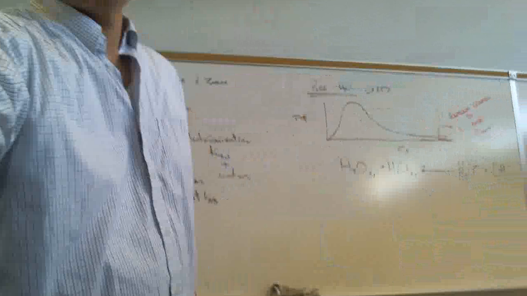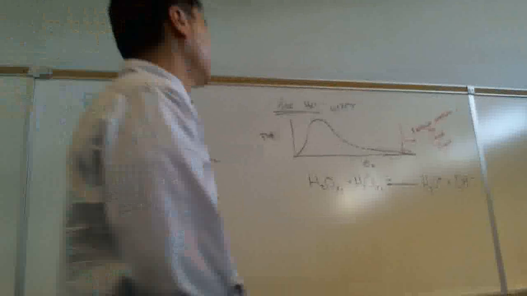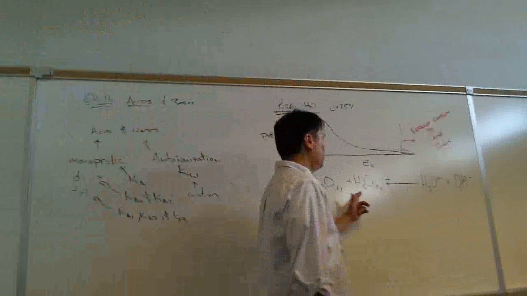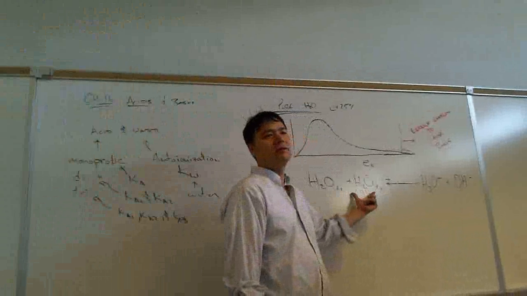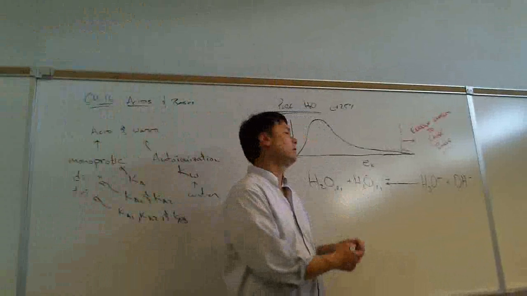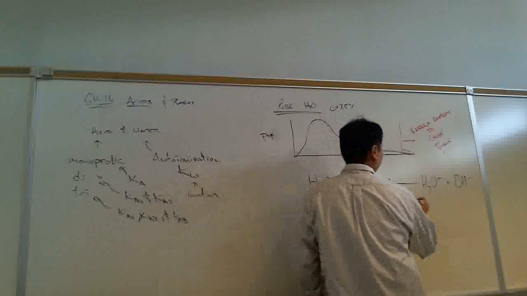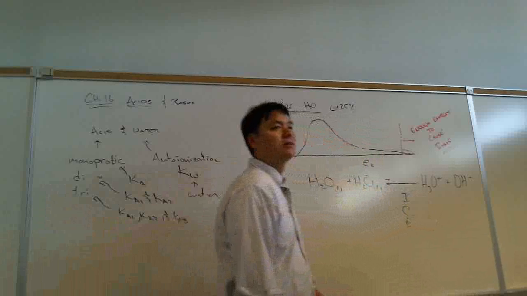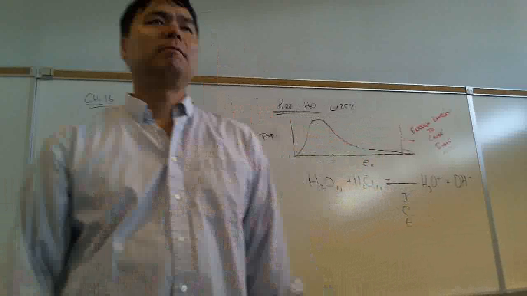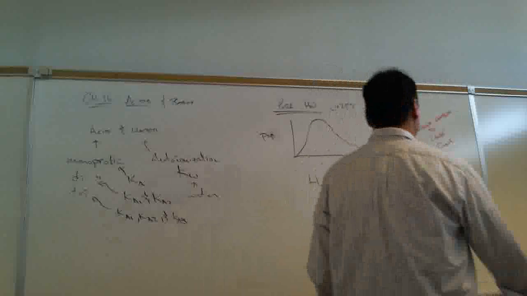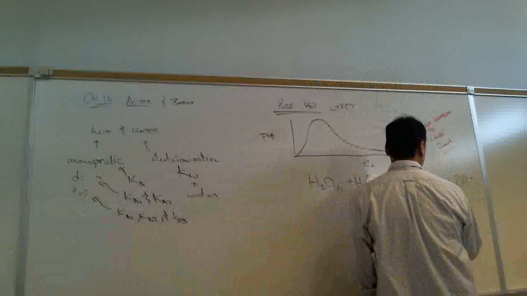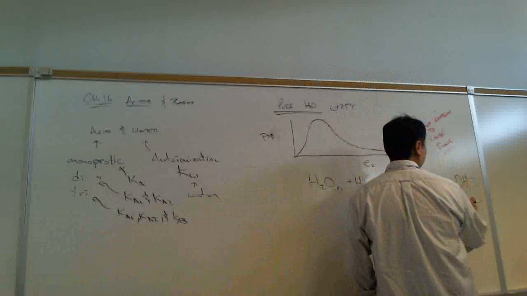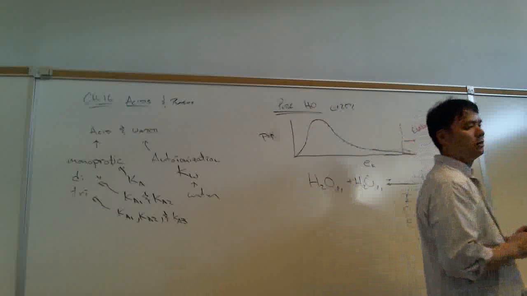Well, we could determine how much. Do we worry about liquids in an ICE table? No, we don't. In an ICE table, we have something like this, right? ICE. And let's fill it in, the ICE table. And so we've got some hydronium ion concentration, initial, hydroxide ion concentration, initial.